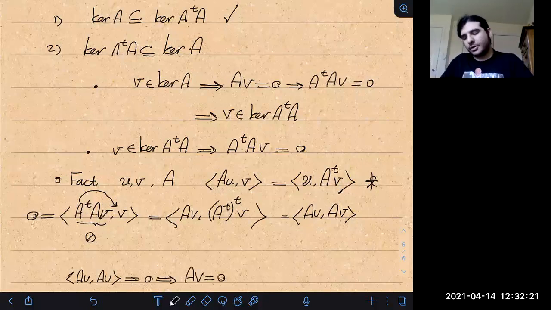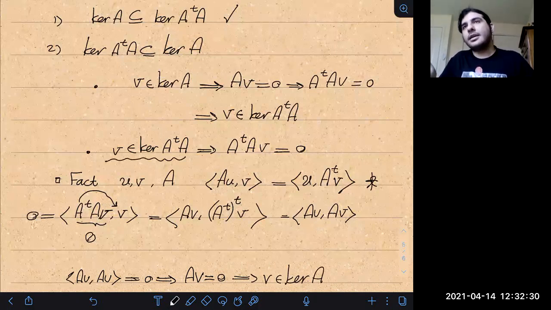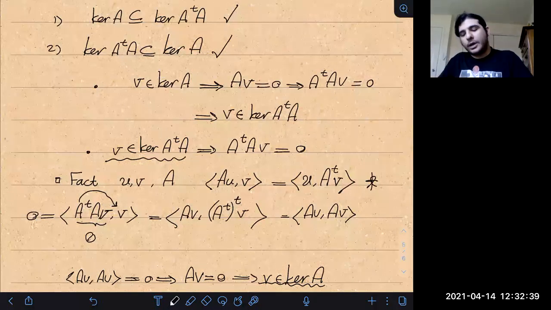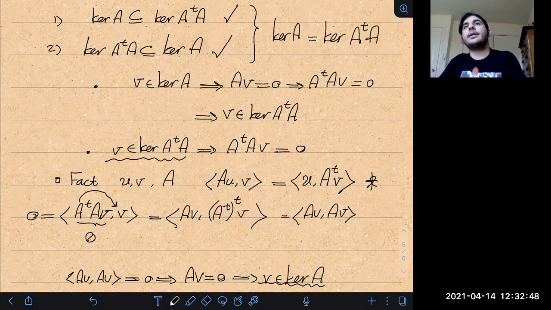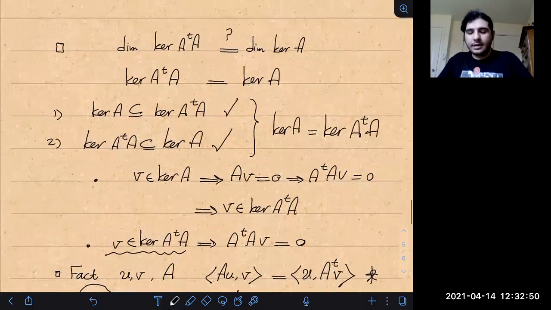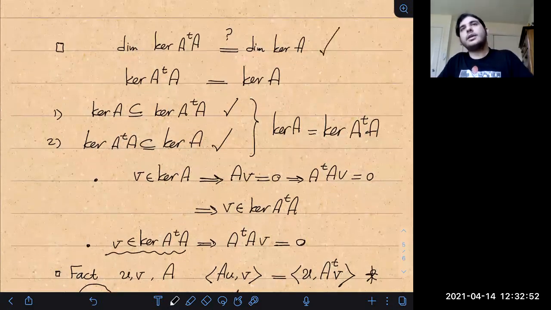So v is in the kernel of A. So we started with a vector in the kernel of A transpose A and showed that the vector is in the kernel of A. So the kernel of A transpose A is inside the kernel of A. When we have both of these things, it means the kernel of A is actually equal to the kernel of A transpose A. If they are equal, their dimensions are equal.